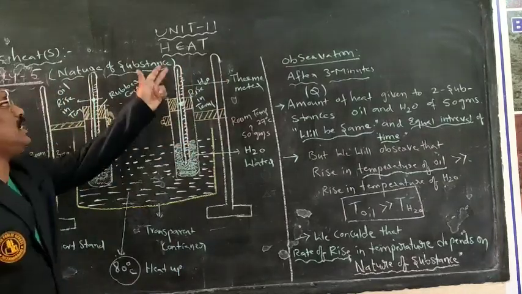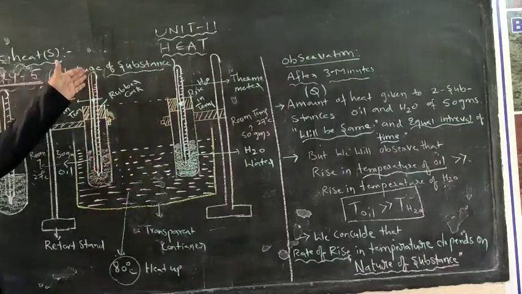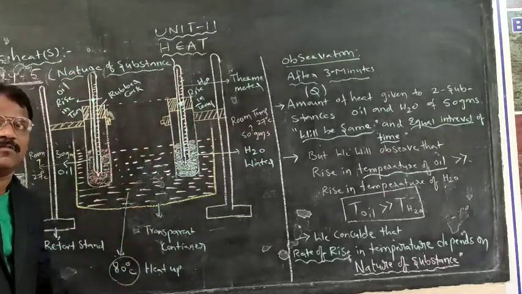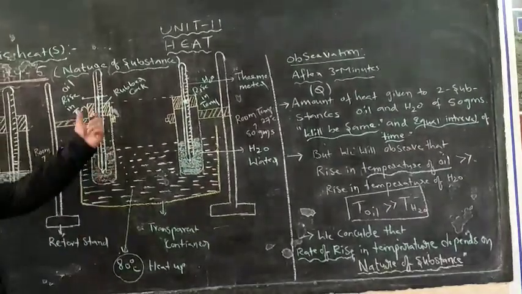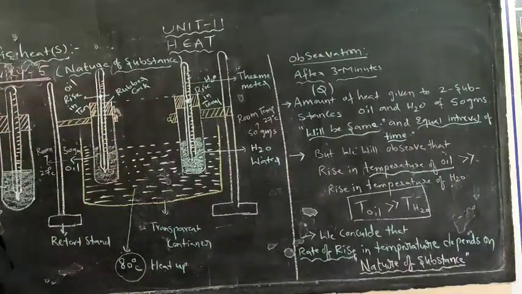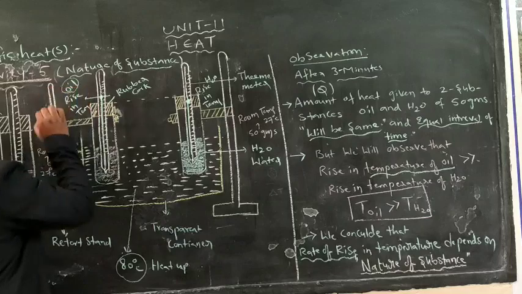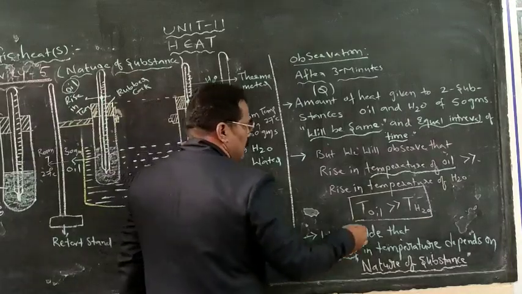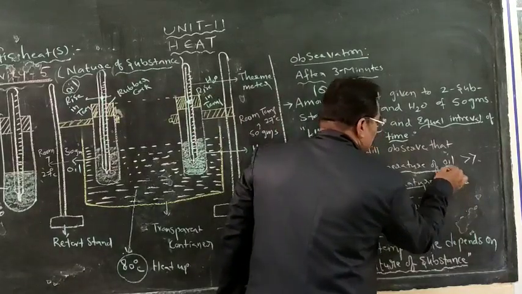If you compare the readings, either a Celsius thermometer, a Fahrenheit thermometer or a Kelvin thermometer, we will observe that the rising temperature of oil will be greater than the rising temperature of water.